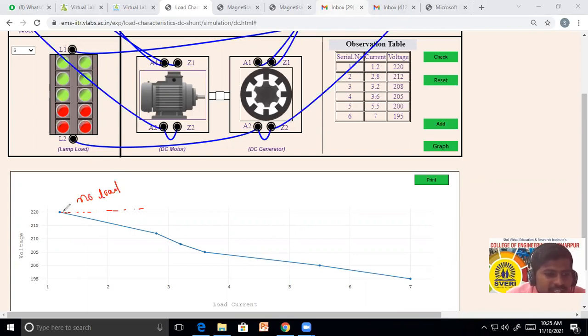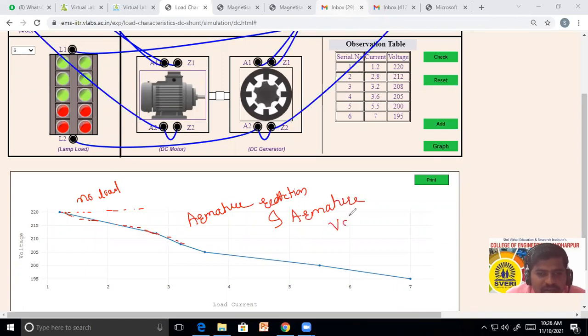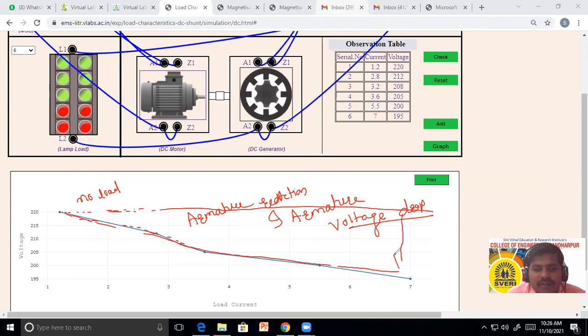No load condition ला voltage है, if the load increases the voltage will decrease slightly बघा, due to armature reaction effect and armature voltage drop. त्याच्यामुळे काय होते की जर नो लोड व्हॅल्यूचा कर्व घेतला, so this voltage will drop slightly from that of the no load value. Okay, and this drop is due to armature reaction and due to armature voltage drop.